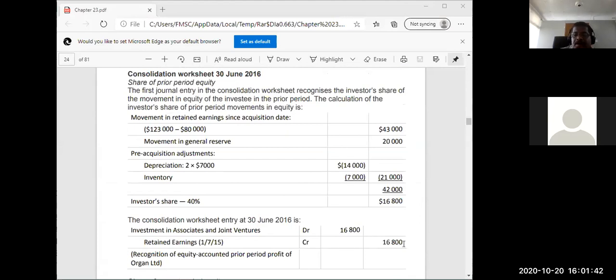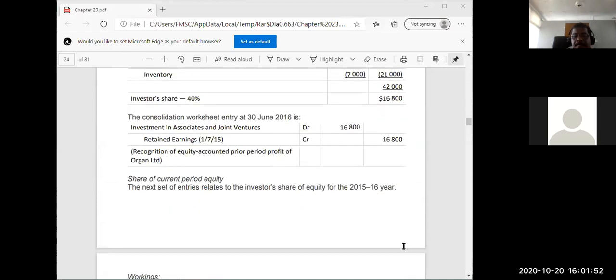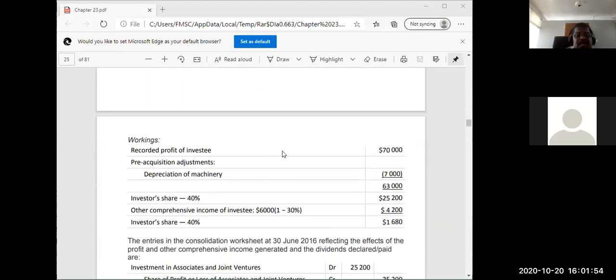But the dividend adjustment is not here. I'm sorry, you are not making any dividend adjustment here. You take 16,000 investment in share and 16,800, and you take the next working as you take 70,000.